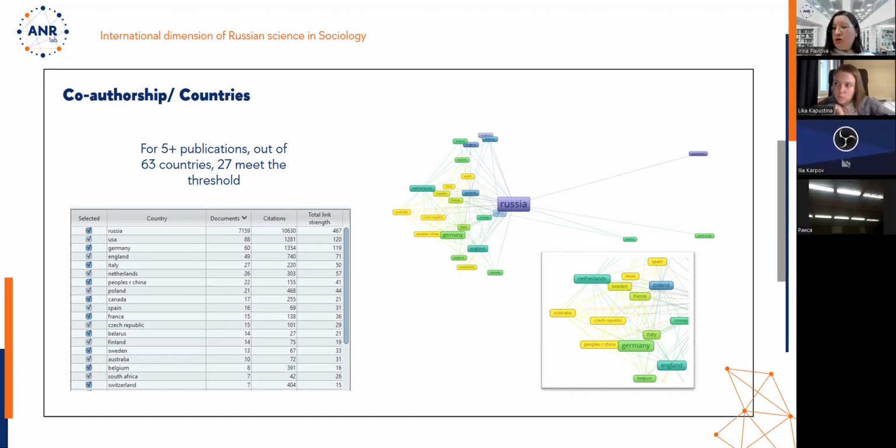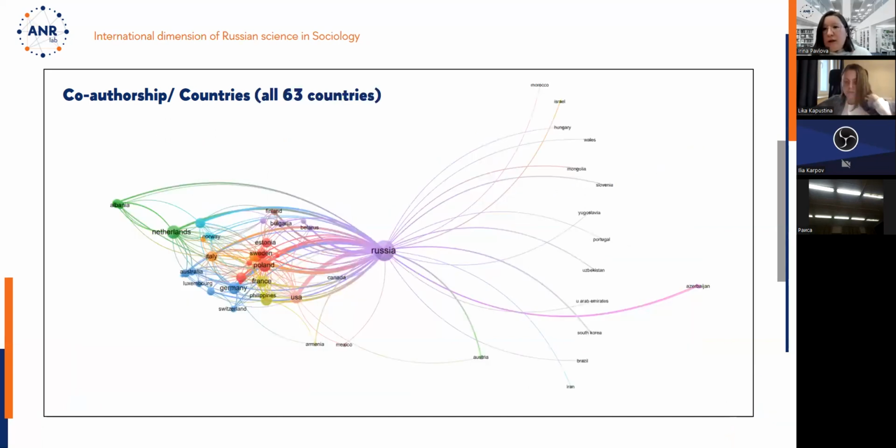But this new geography is not of the current year, 2023. This new geography resulted from the previous evolution by the year of 2022. So here is an important remark: this is not a phenomenon of the current year. This is already something that was happening with collaborations of Russian scientists.